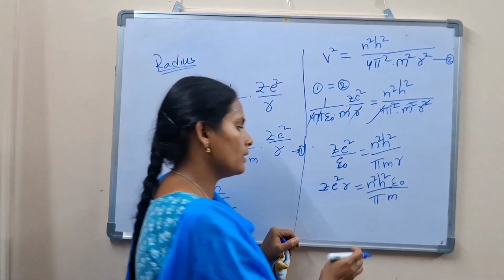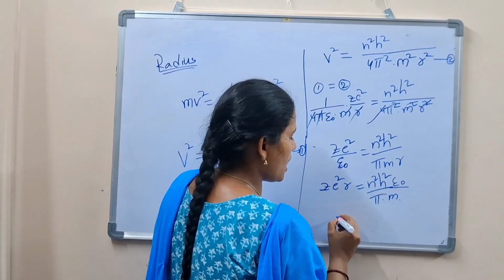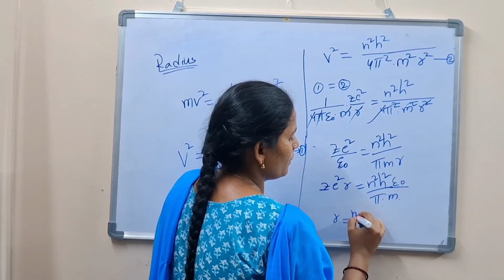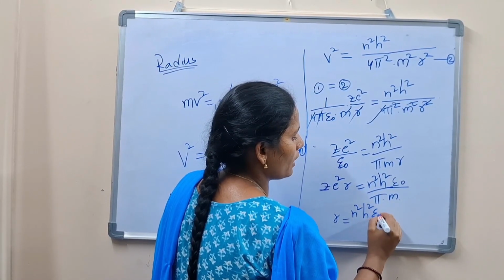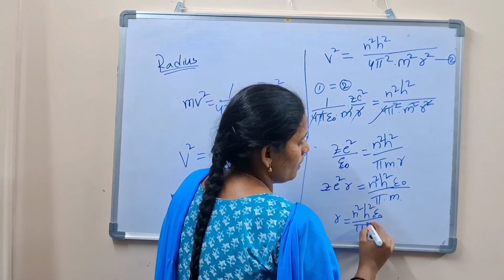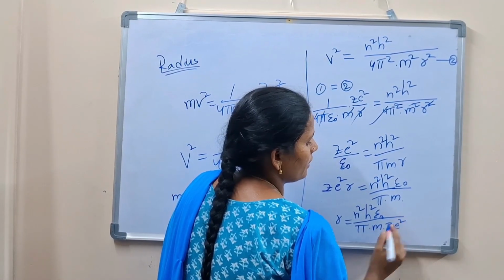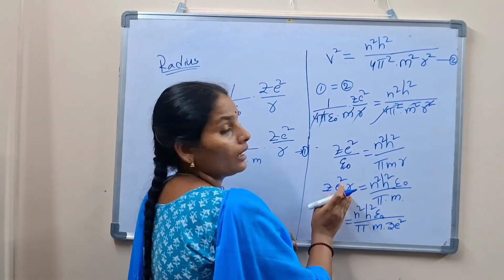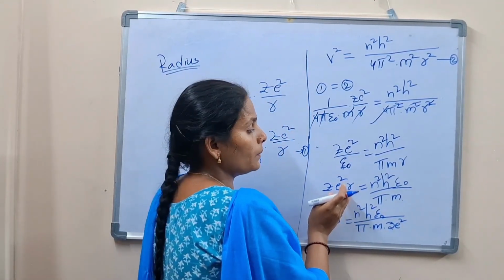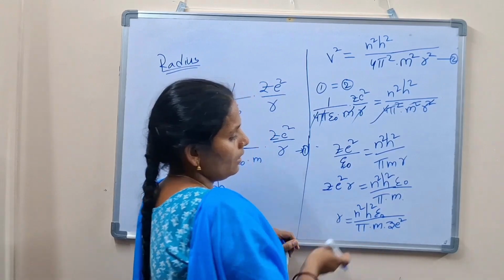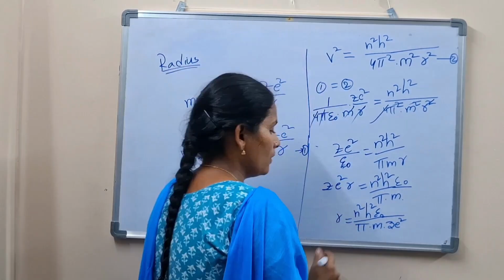From this we are getting r equal to n square h square epsilon naught by pi into m into z square. Here it is in the multiple side, so that becomes the denominator on this side.